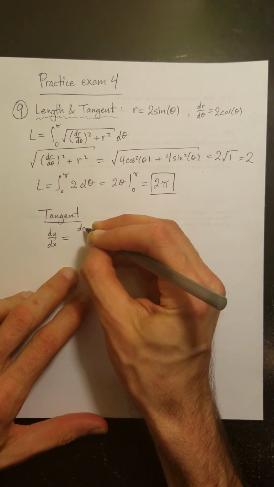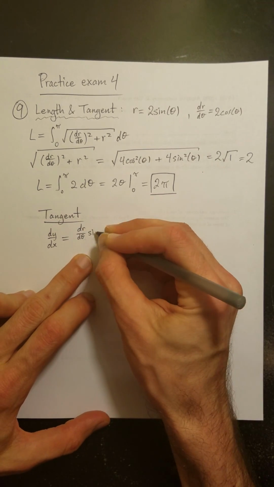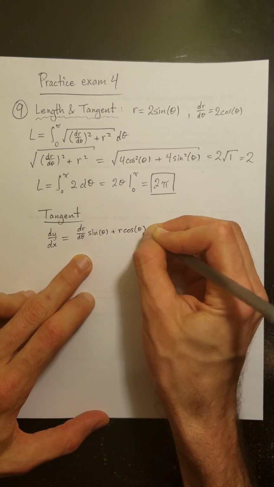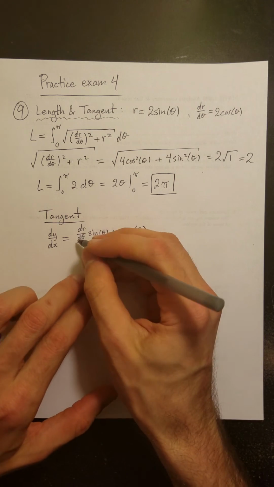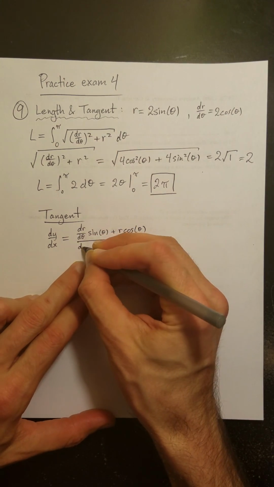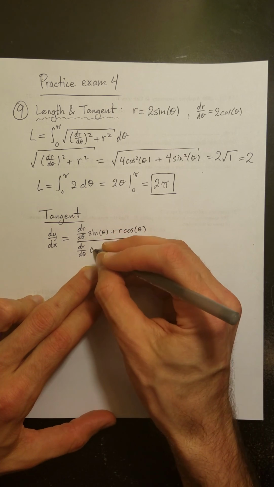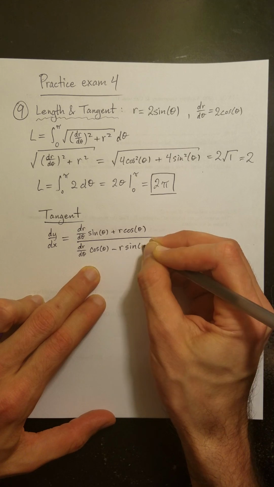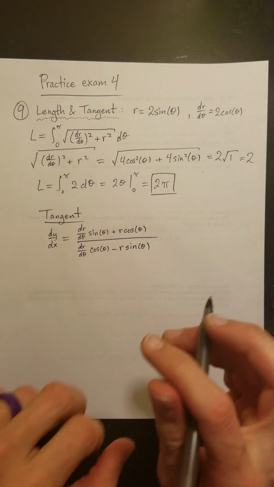The way it works out is we have dy by d theta equal to dr by d theta sine theta plus r cosine theta, essentially just by differentiating with the product rule. And dx by d theta is dr by d theta cosine theta minus r sine theta, again just using the product rule.